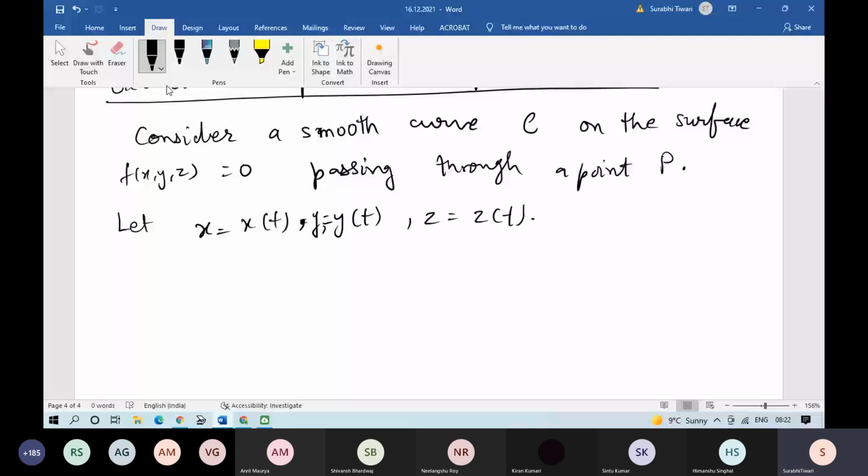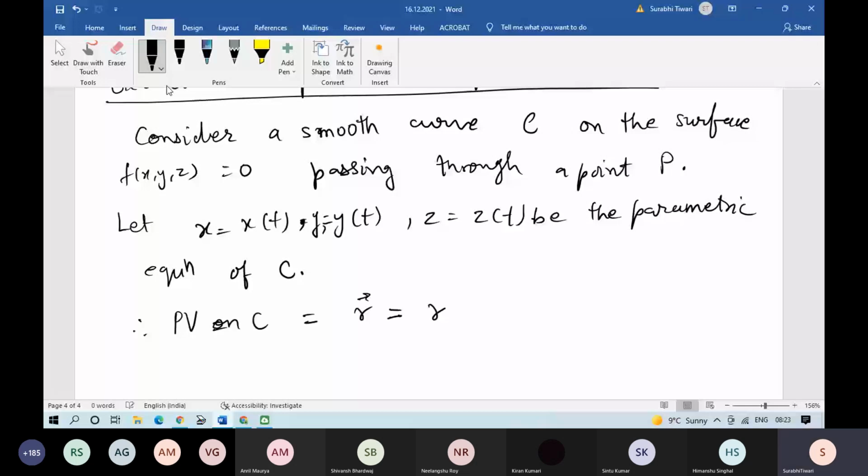So that is the parametric equation of C. Therefore, the position vector of C will be x(t)i + y(t)j + z(t)k.